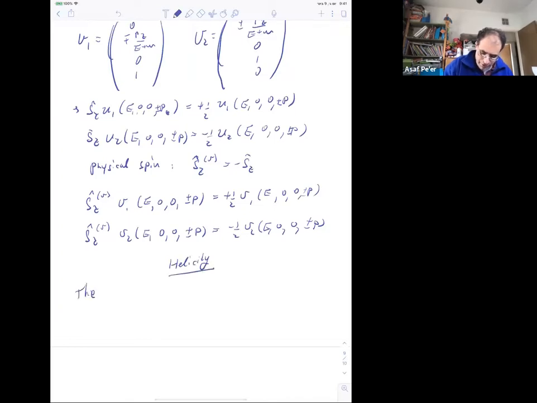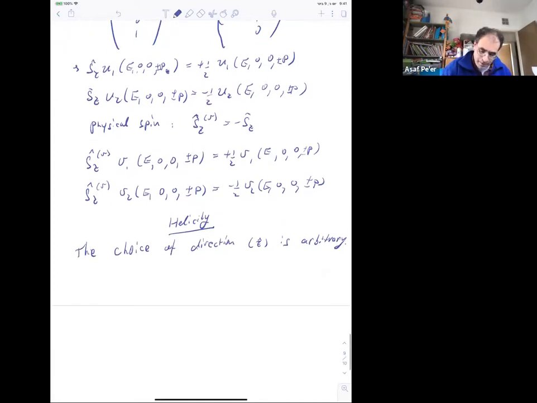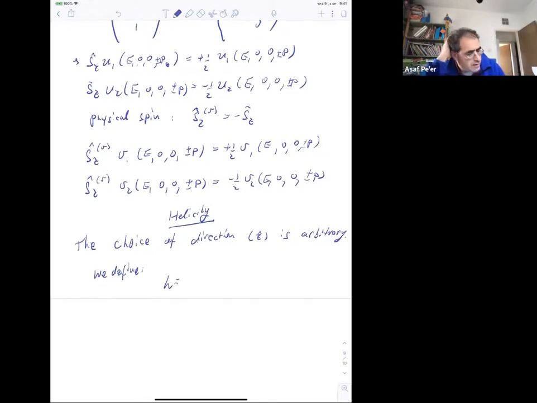So the choice of direction is arbitrary, right? Rather, it is better to define helicity, h, as the normalized component of the particle's spin along its direction of motion.